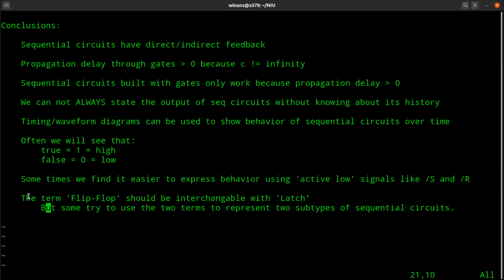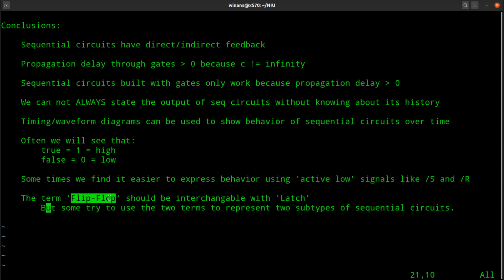Another thing that's massively confusing that I have to talk about is the fact that for some reason, I get up one day and all of a sudden somebody prescribes absolute meaning to the word flip-flop versus latch, where for decades, everyone I've ever talked to and worked with had these two words meaning the same thing.